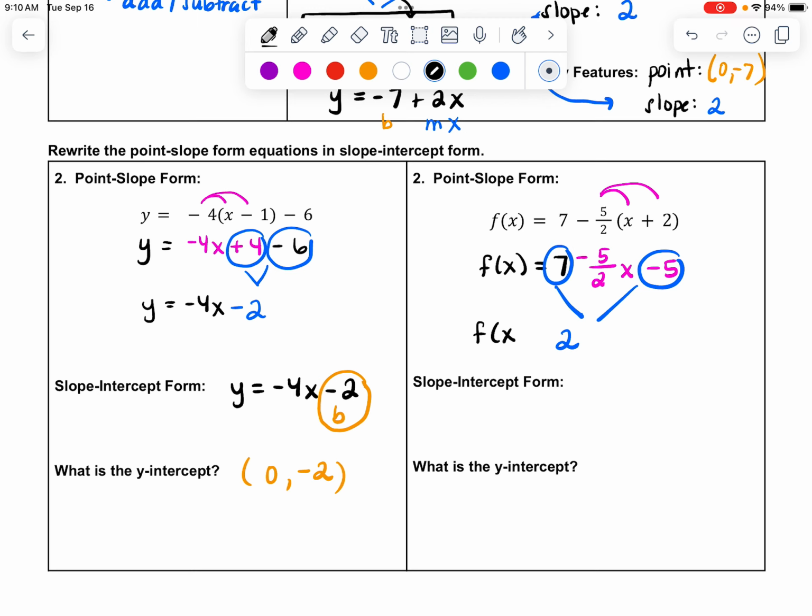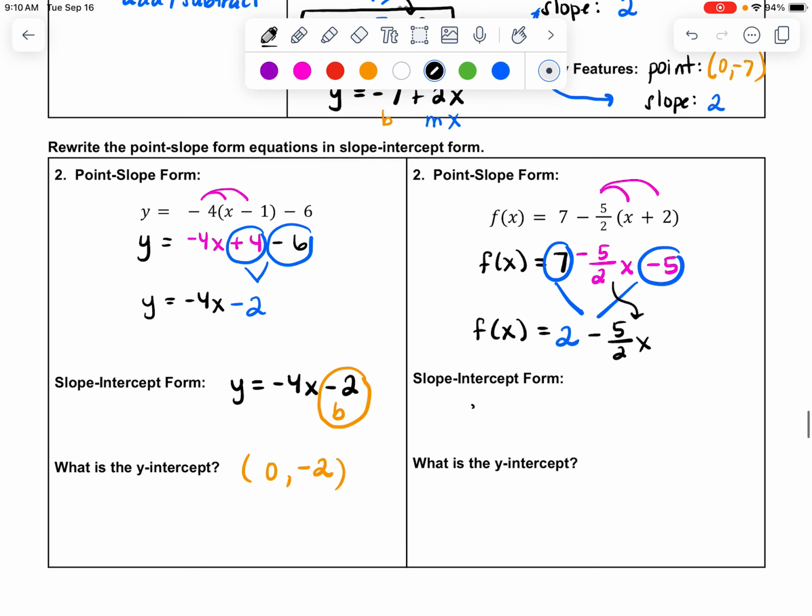F of x equals, and minus 5 over 2x just get copied down. So my slope-intercept form is f of x equals 2 minus 5 over 2x. And if I said to you, what is the y-intercept? You would say 0, comma, whatever the b number is, which is 2.